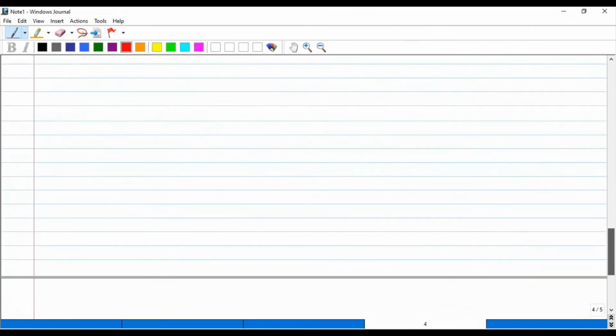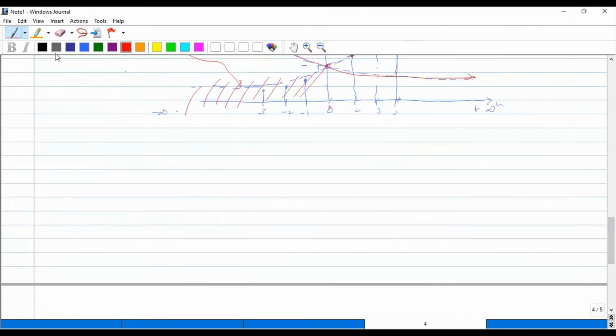If a is greater than 1, or it may be a half value, anyway, for x[n] we have the 0th term 1, then a, then a squared, then a cubed, and so on up to infinity.